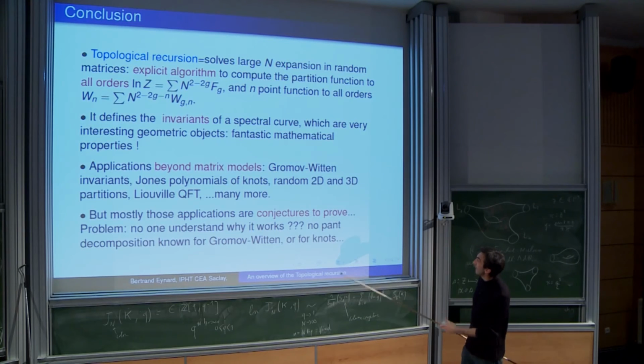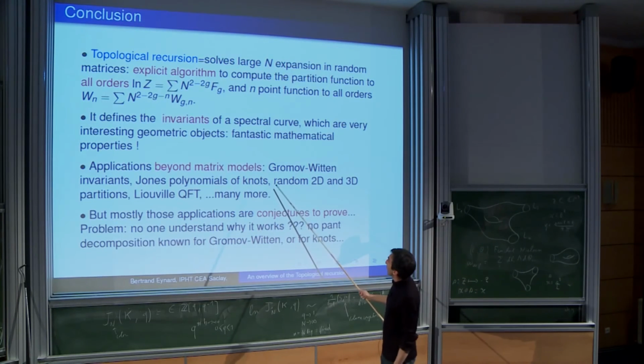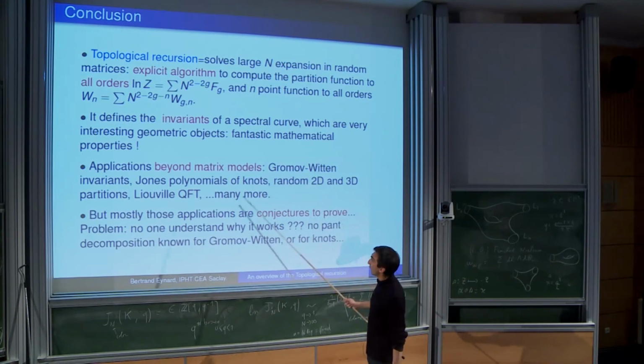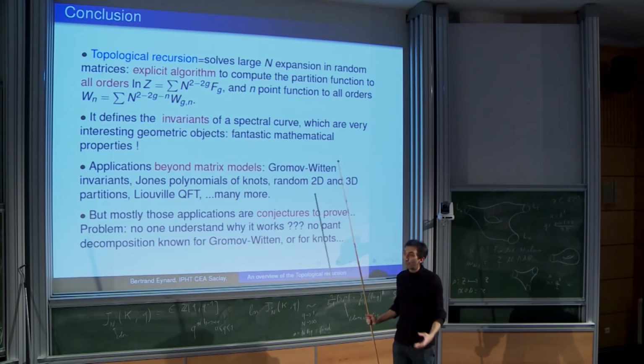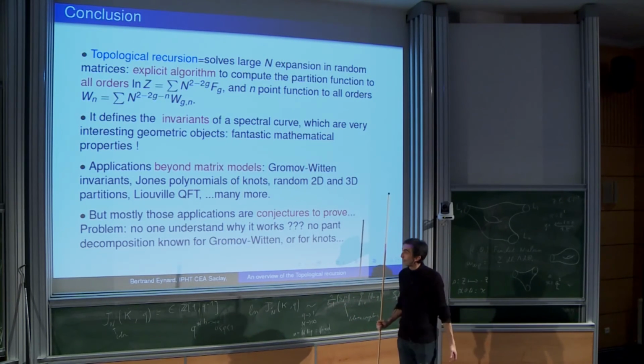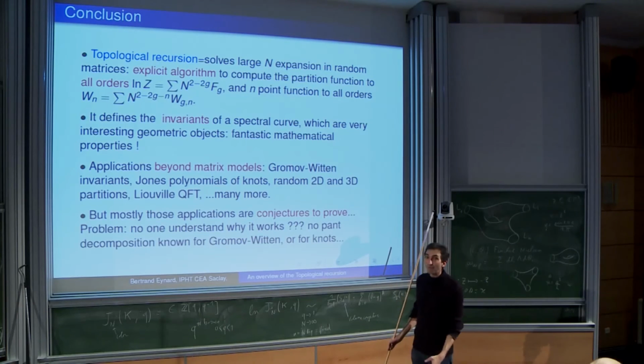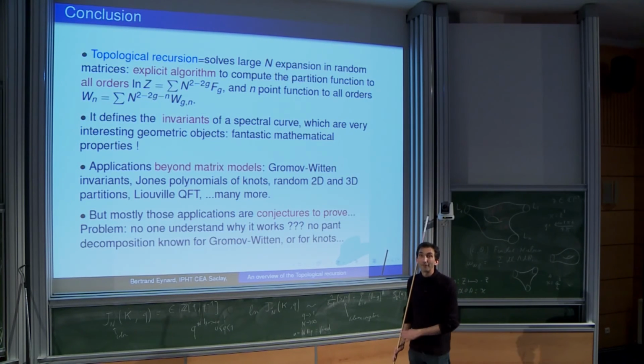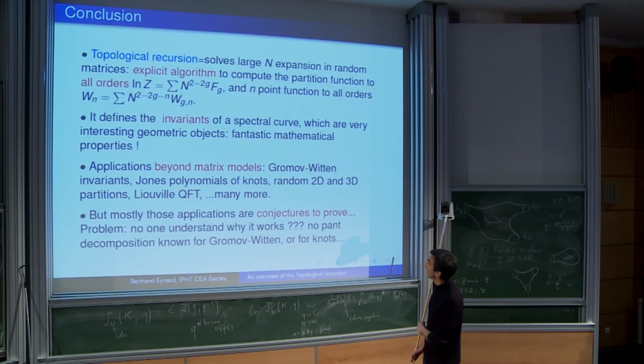But they have many applications. For instance, the fact that they compute Gromov-Witten invariants for certain classes of Calabi-Yau, those local toric Calabi-Yau, has been proved. You mean open Gromov-Witten? Yes, open. But for those toric local Calabi-Yau, it was proved. Beyond that, nothing is really known.